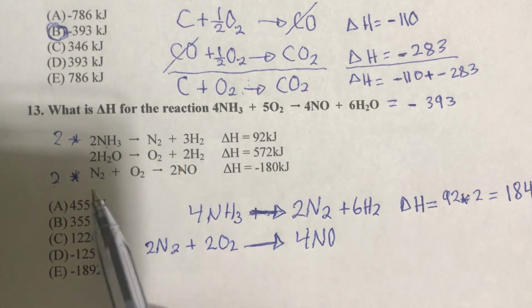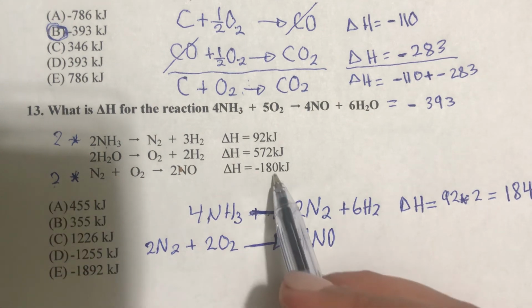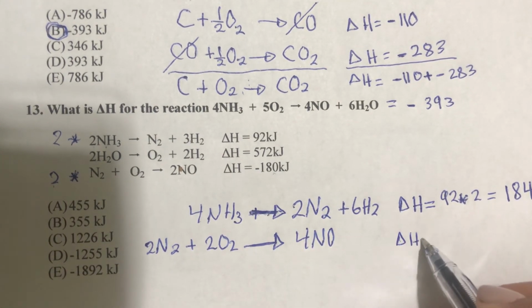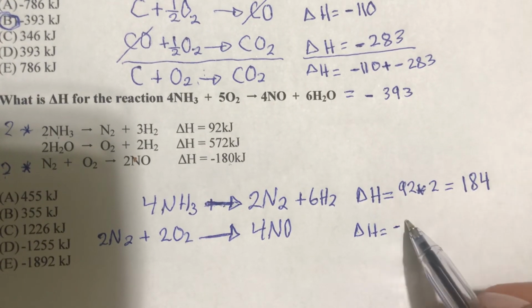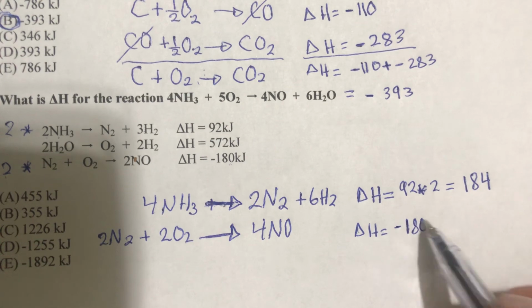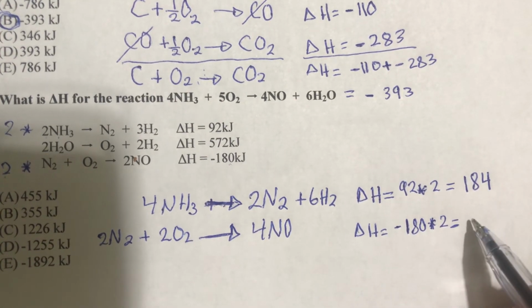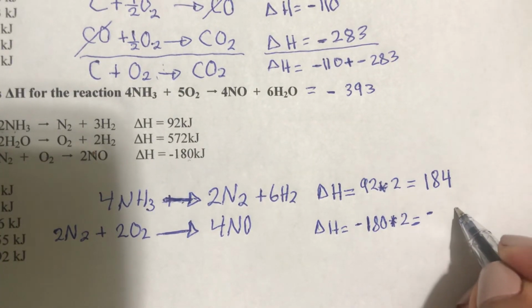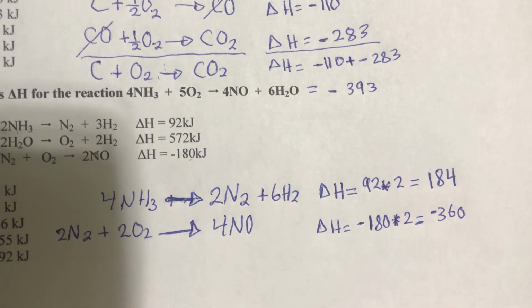So here you multiply the equation of the chemical reaction by 2, so you have to multiply delta H by 2. So delta H equal negative 180 by 2, which is equal negative 360.